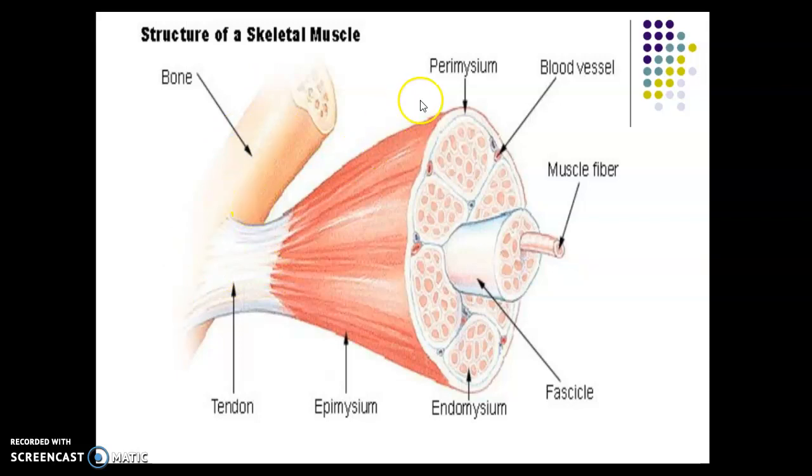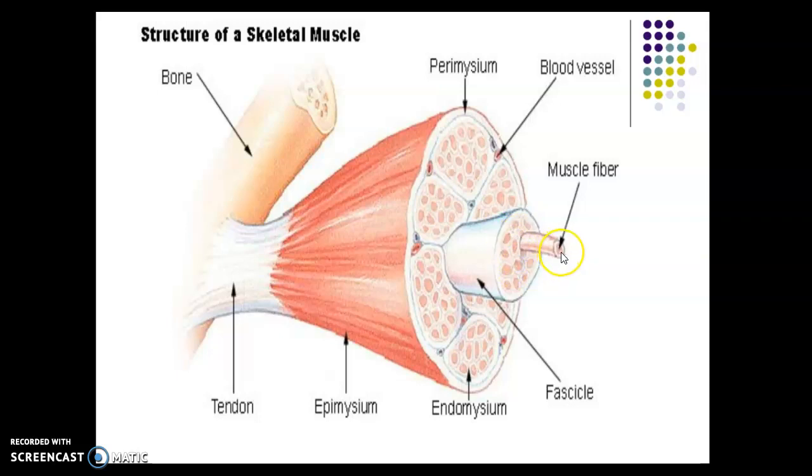As we cut open the skeletal muscle, we're going to notice little bundles, and these little bundles are fascicles. So we're going to pull out one fascicle right here. A fascicle also has a connective tissue sheath, and that connective tissue sheath around the fascicle is called a perimysium. If we look inside the fascicle, all of these individual little circles are individual muscle cells.